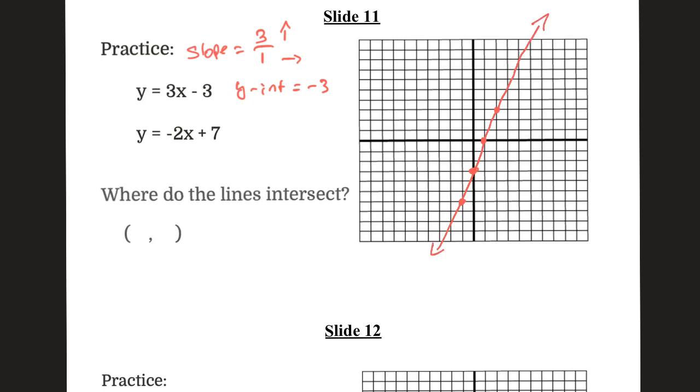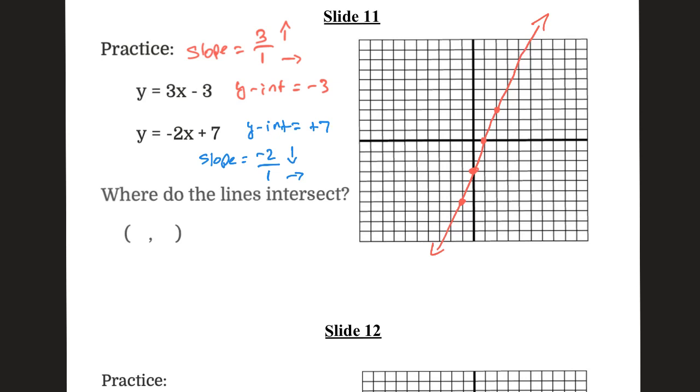My second line over here has a slope of -2 over 1. This means I'm going to go down 2 and to the right 1. And I know that I have a y-intercept of +7.